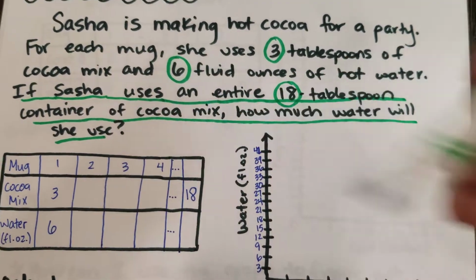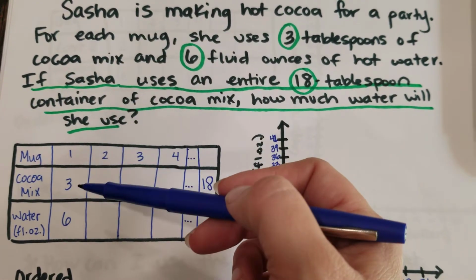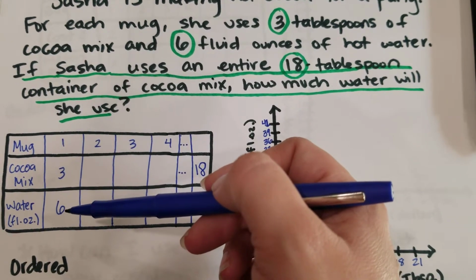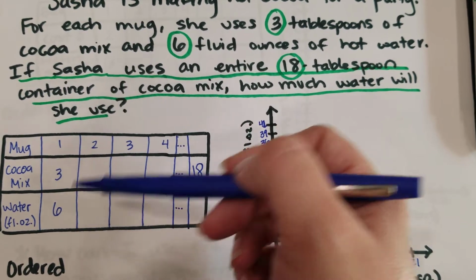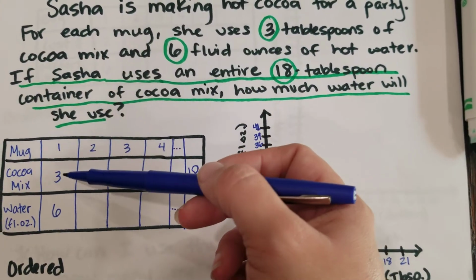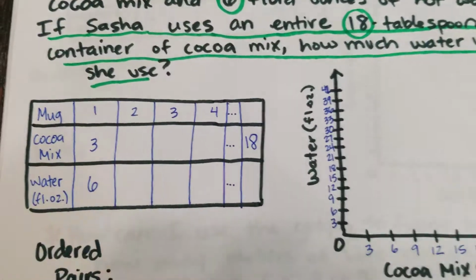Okay, so let's start off with our table. I already started it off. For one mug, it's 3 cocoa mix tablespoons and 6 fluid ounces of water, right? So that's what I got from the word problem, 3 and 6. Let's imagine that she's making 2 mugs of hot cocoa.